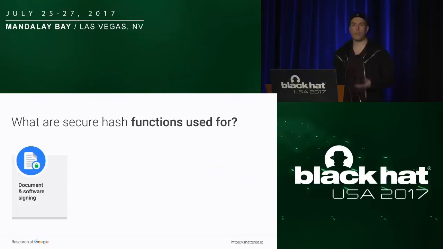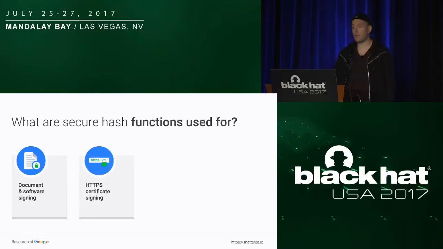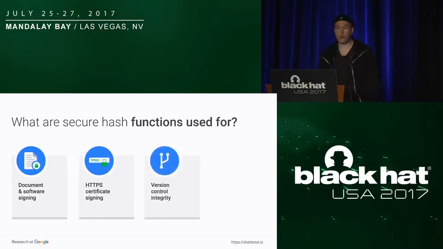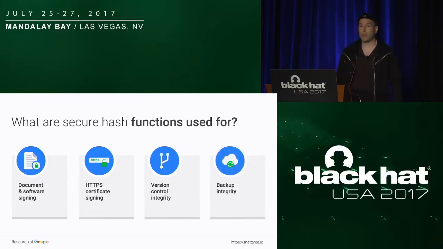So where do you find hash functions? Well, you find them pretty much everywhere. They are used in document and software signing, for example, to verify the integrity of Windows updates. They are also used in HTTPS certificates to make sure your certificate is valid and has been signed by a CA. They are used in version control for integrity purposes and deltas, and in backups for integrity purposes.